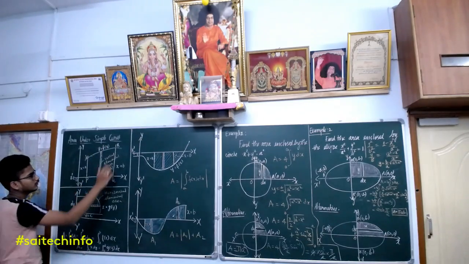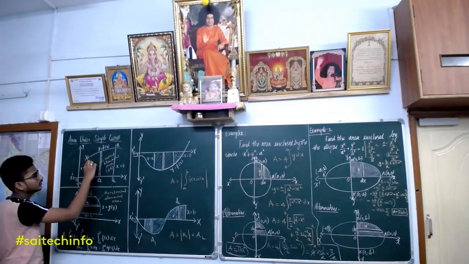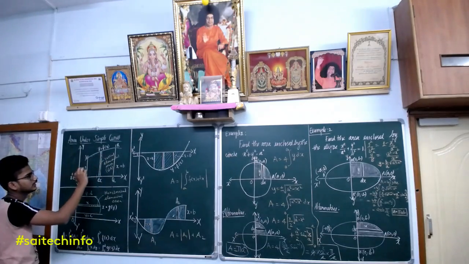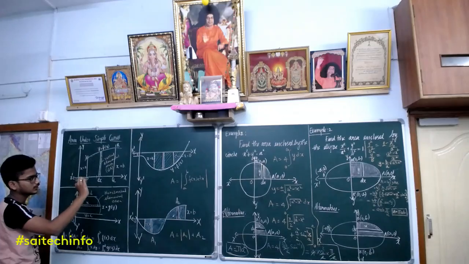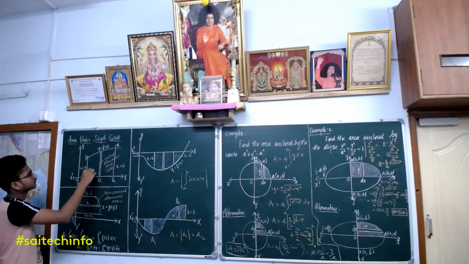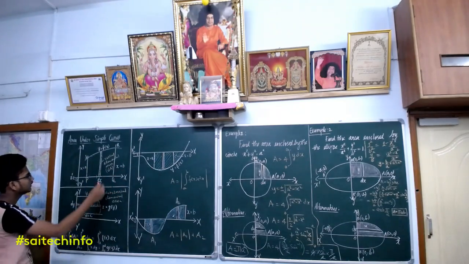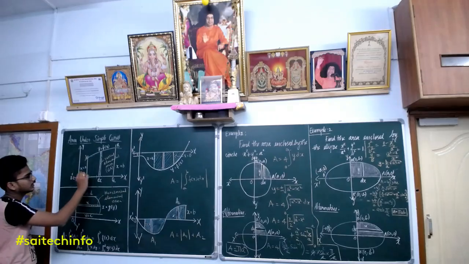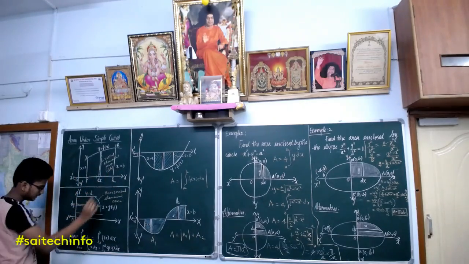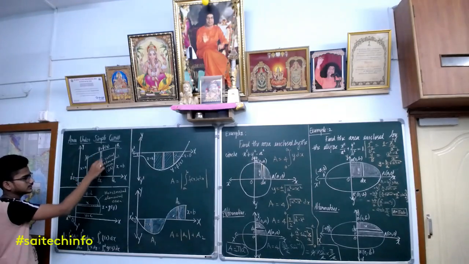To find PQRSP, we take a vertical element area so that no small part gets wasted or left out. Then we apply the formula, taking limits a to b, of dA. Here dA is the vertical element, which is a rectangle.